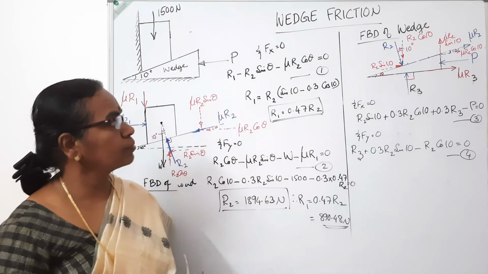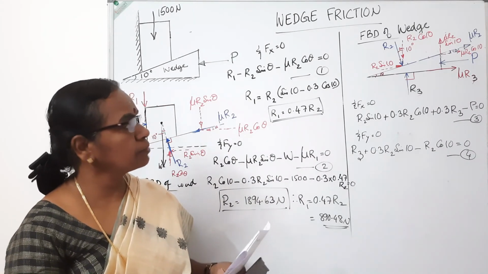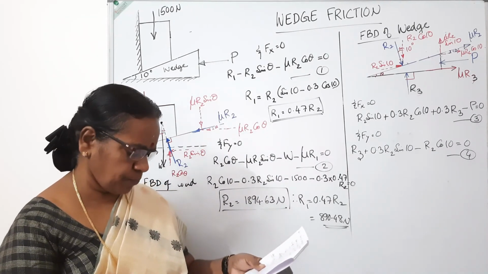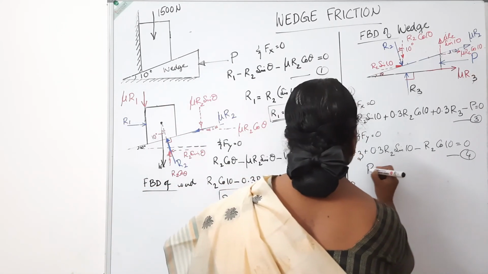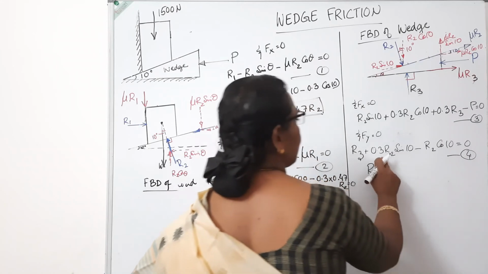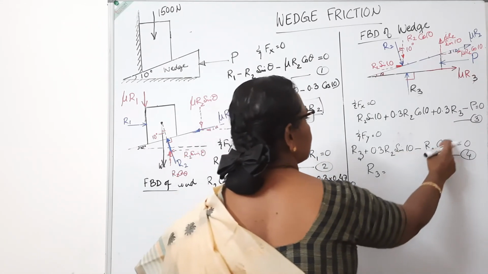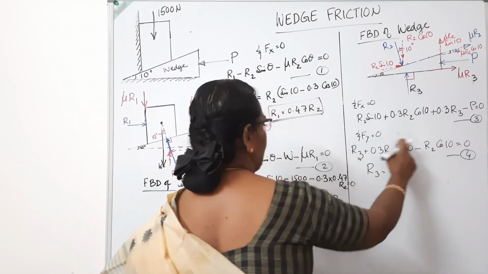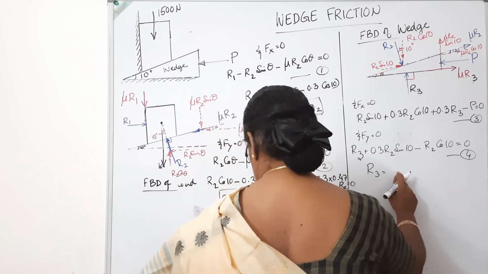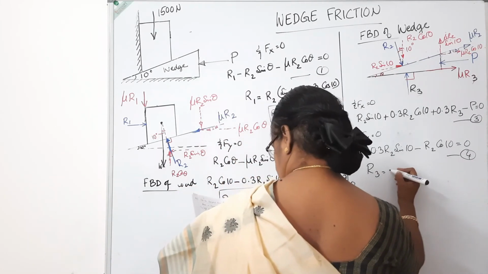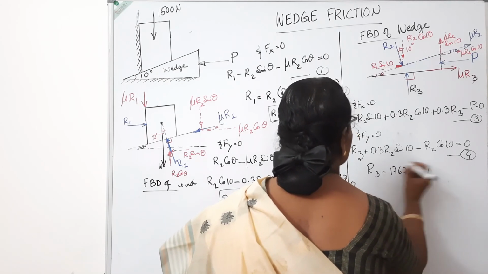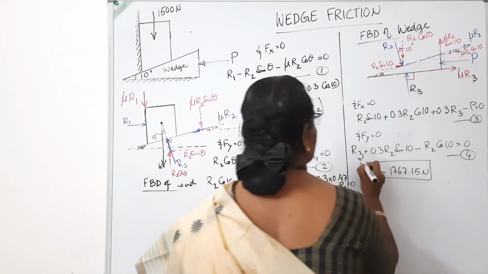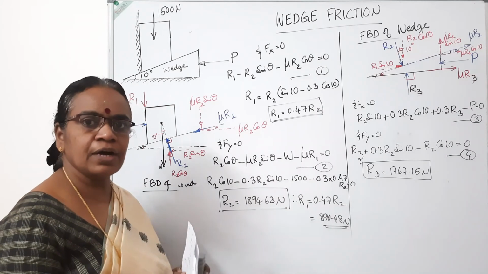So considering the equilibrium of the wedge, writing sigma Fx 0 and sigma Fy 0, from this I can get R3. Substituting the value of R2 here, I get R3 as 1767.15 Newton. So I have got all the normal reactions R1 up to R3.